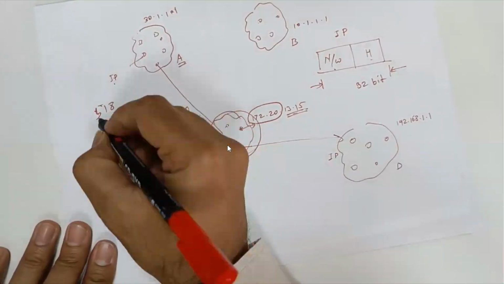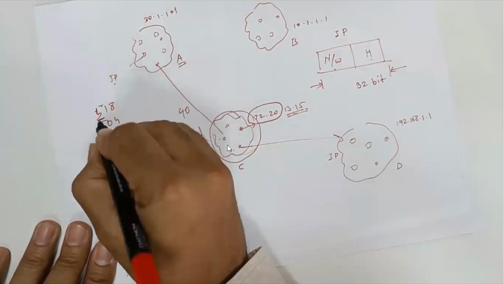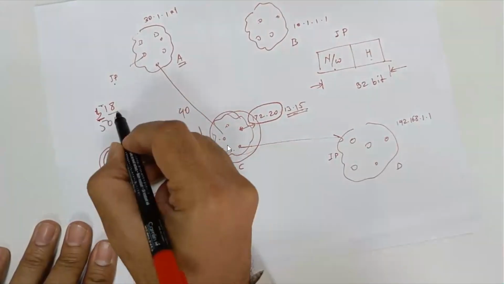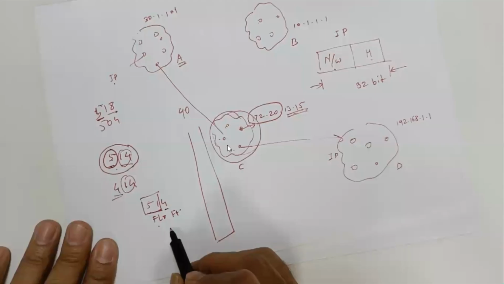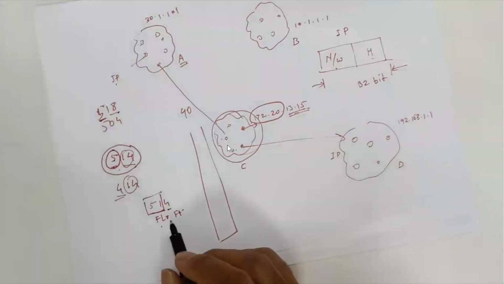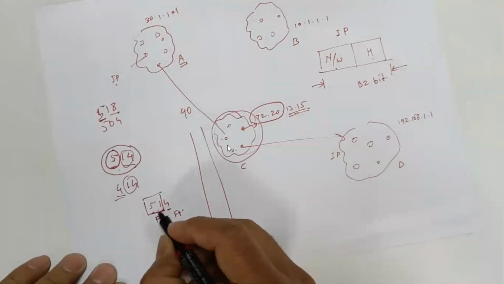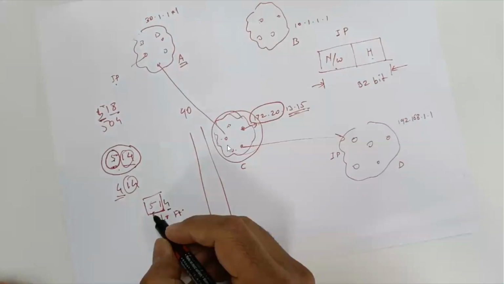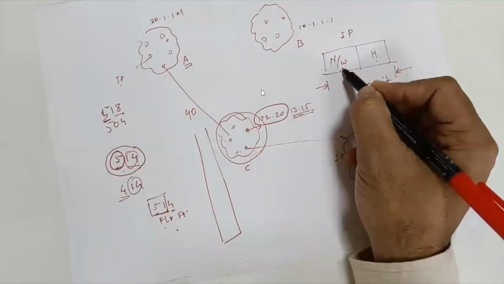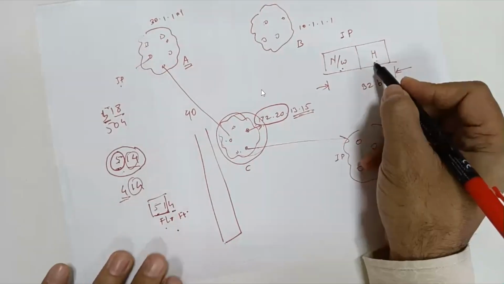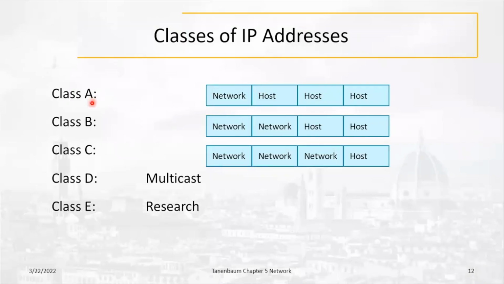In that case, you say that this is the floor number and this is the flat number. But this is also a possibility of addressing a particular flat. So how the address is divided to identify the network and the host, that is given by class A, B, and C.